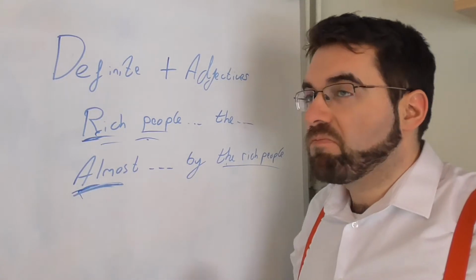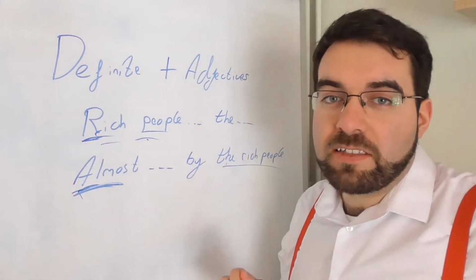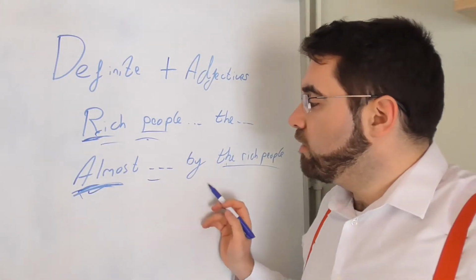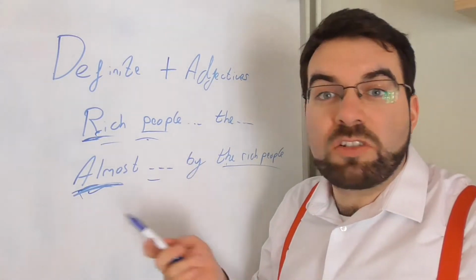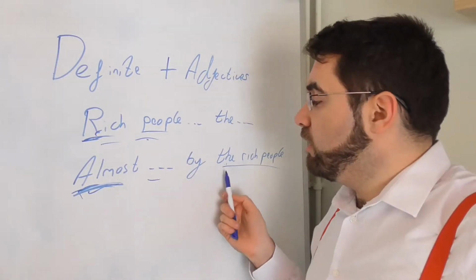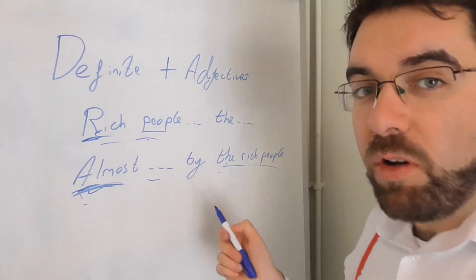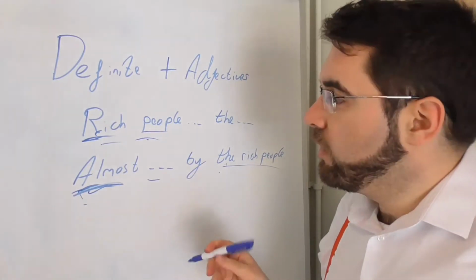Almost everyone in the UK is middle class. Almost no one in the Cotswolds is poor. Almost everyone in the Cotswolds is rich, or is a rich person.